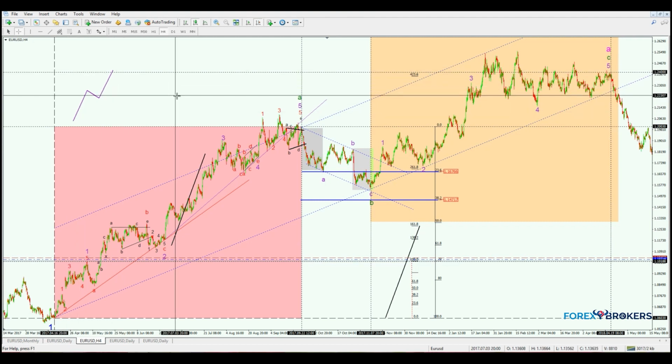Another simple correction that the Elliott waves theory focuses on and emphasizes on, it is called a flat pattern. A flat pattern is similar with a zigzag. You'll have a wave A, but the B wave retraces more than 61.8, and then you have the C wave. This is a flat pattern.